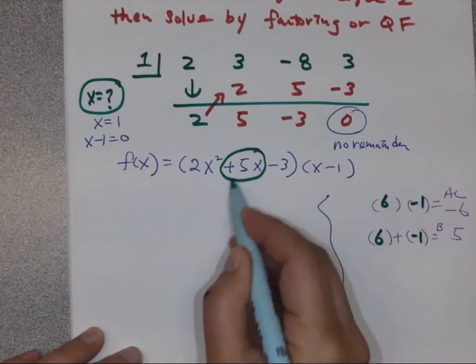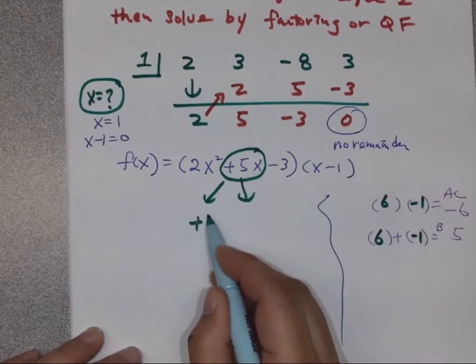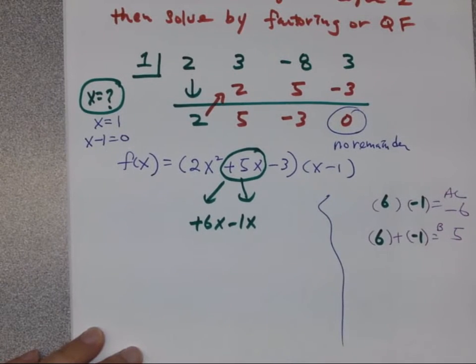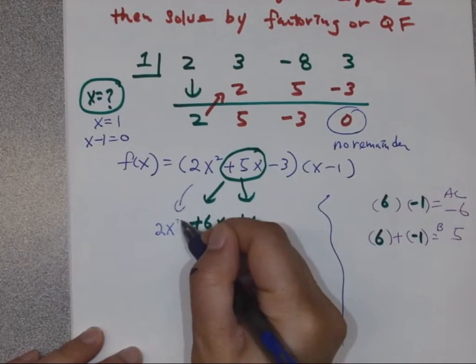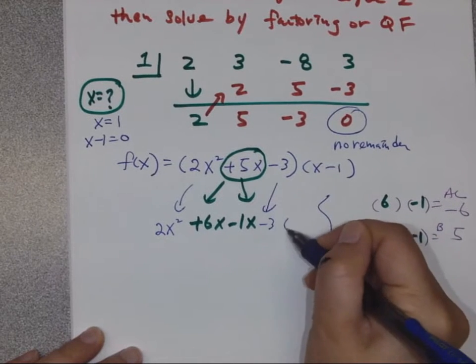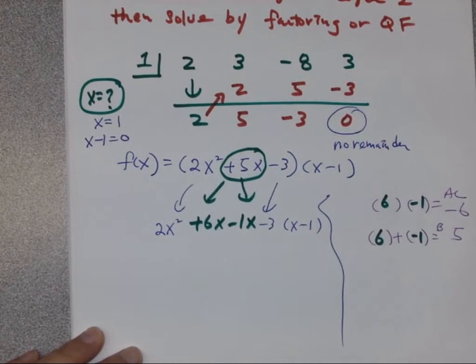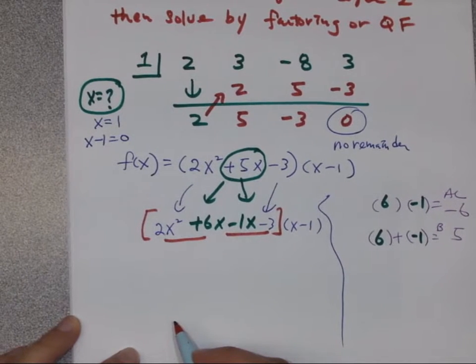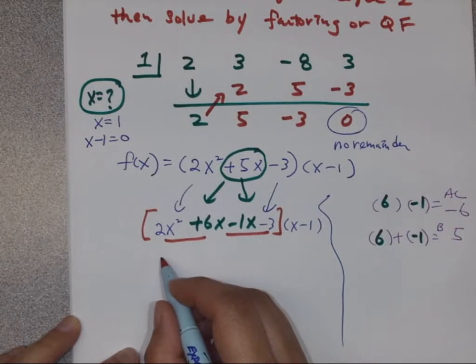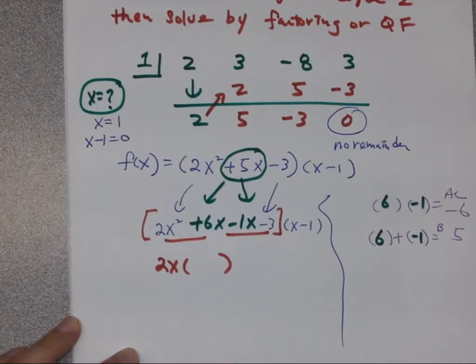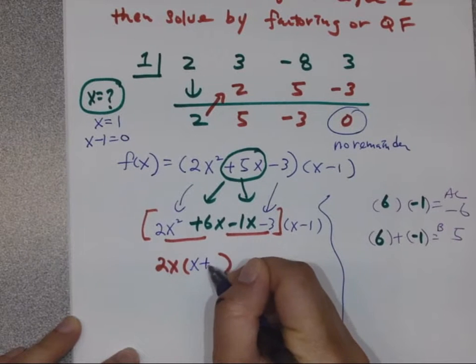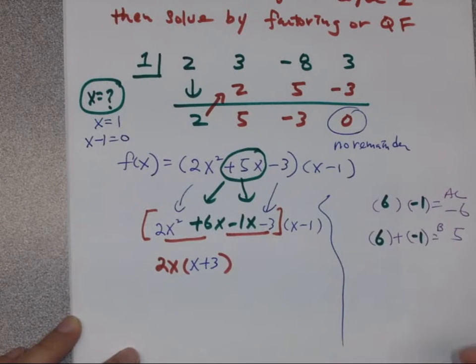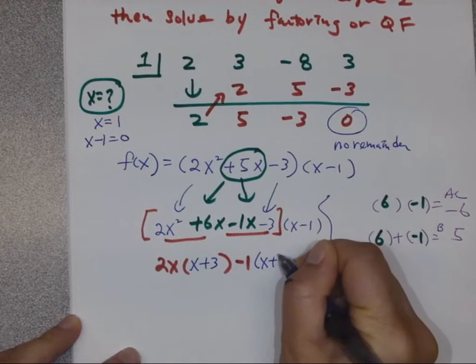So I'm going to go back here and break it into those two numbers, plus 6x minus 1x, and bring down my 2x squared, bring down the -3, x minus 1 hang out on the back, and factor by grouping them in pairs. So the first pair we can pull out 2x, and then we have x plus 3, and then the second pair we can pull out -1, and then we also have x plus 3.